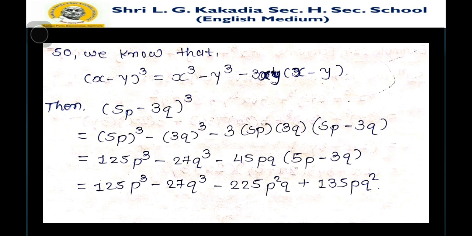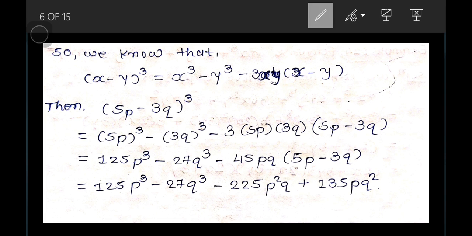As we know, (x - y) cube is equal to x cube - y cube - 3xy(x - y). Let me put the values of x and y in the brackets. So we get (5p - 3q) whole cube is equal to (5p) cube - (3q) cube - 3 into 5p into 3q into (5p - 3q).